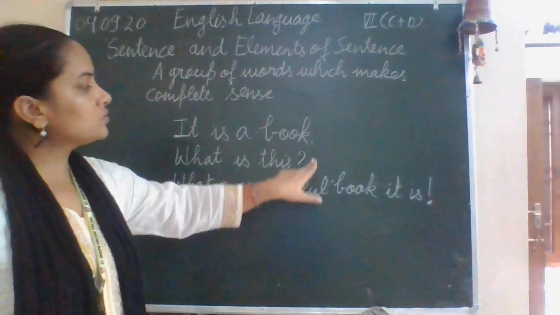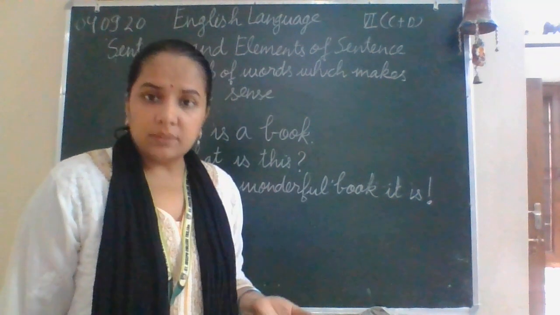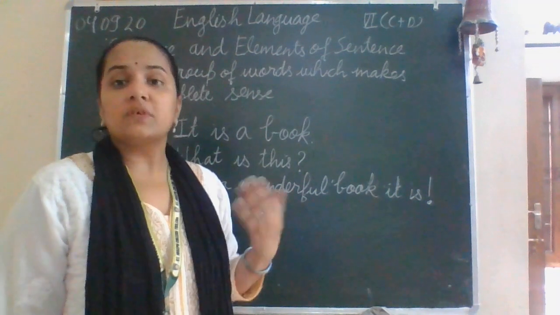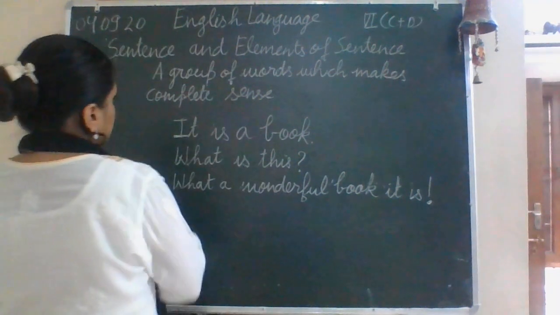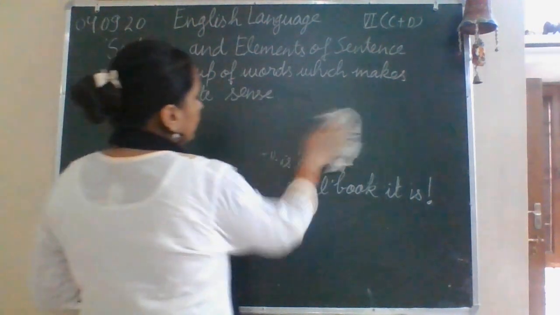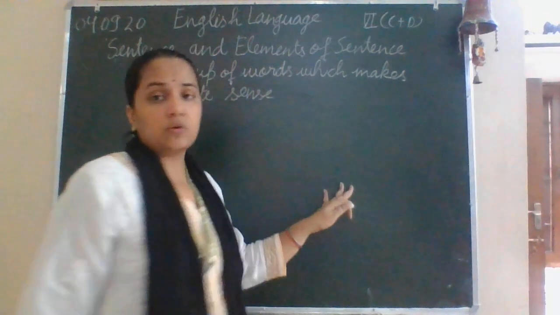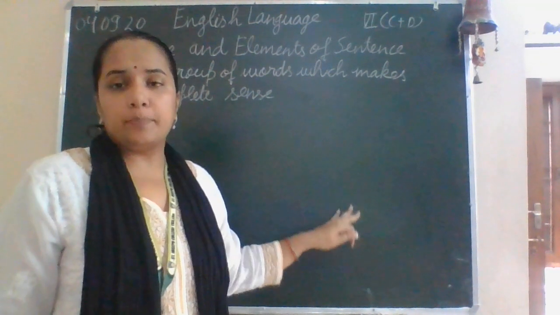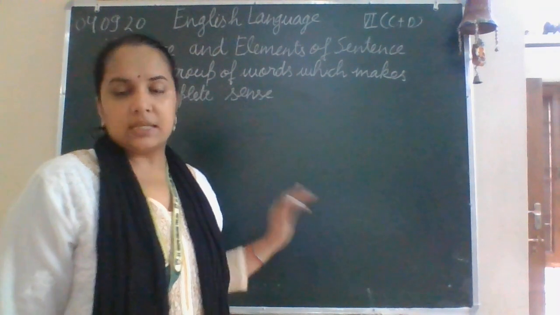Now, on the basis of these signs or symbols, we determine the type of sentence. So, here we are going to study the four types of sentences on the basis of these marks which are put at the end of a particular sentence.